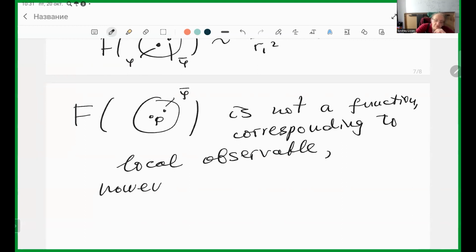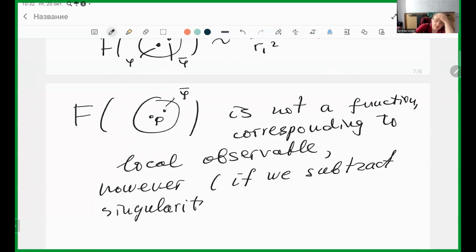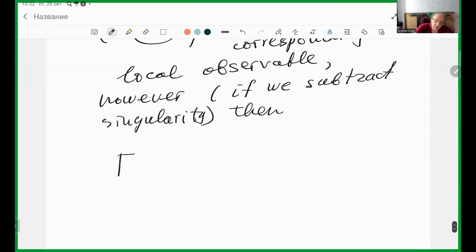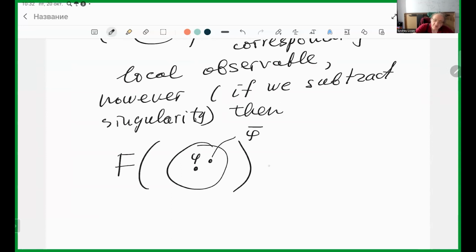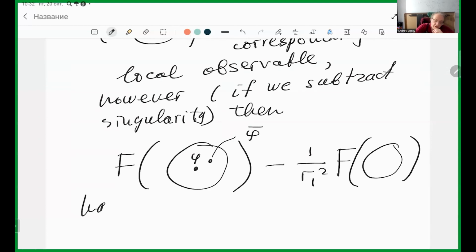However, if I subtract the singularity, then f of phi bar minus 1 over R1 square f of nothing has a limit when R1 square goes to 0.